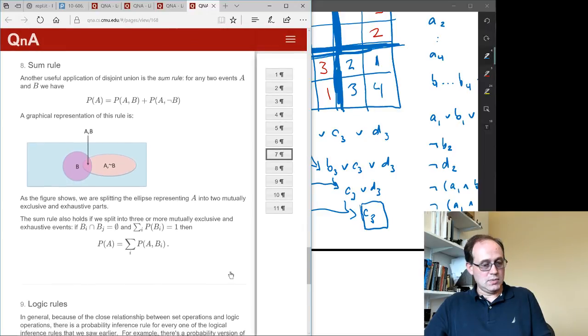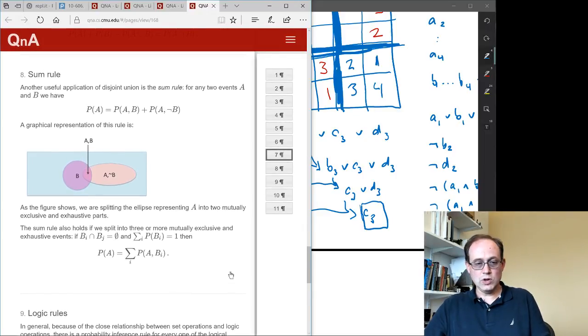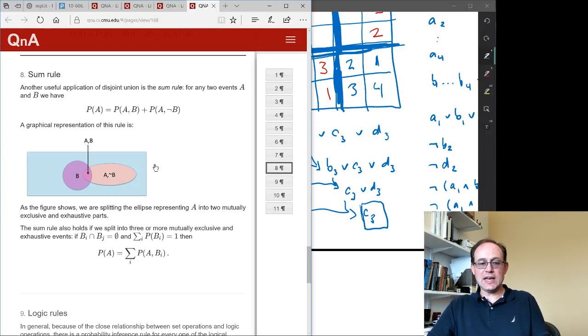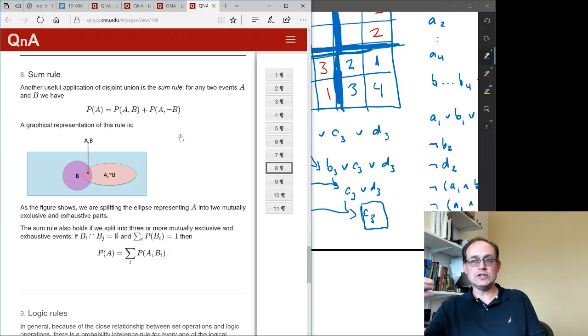So let's do one last rule before we close for today. So that is the sum rule, which is that if you take an event A, here this ellipse here, you can split A into 2 disjoint events using any other compound event B. So you can split it into A and B and A and not B, right?